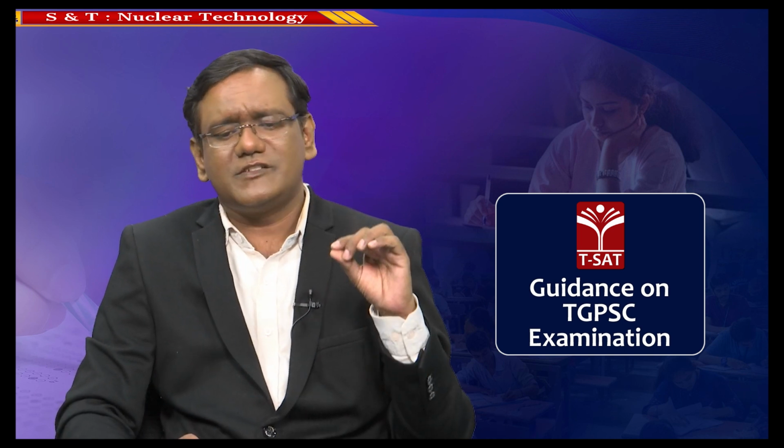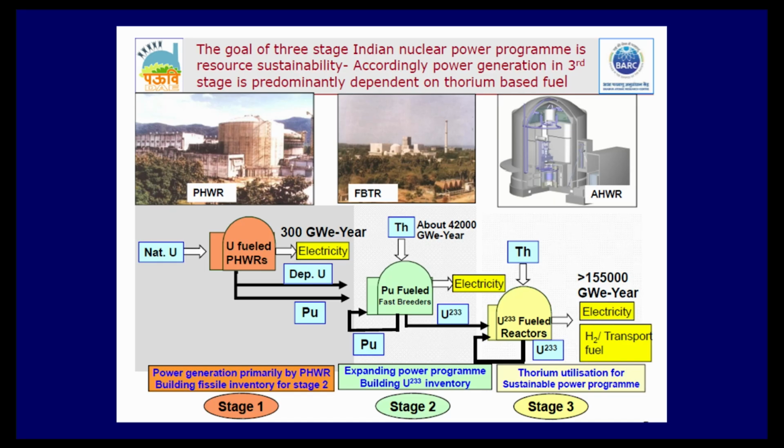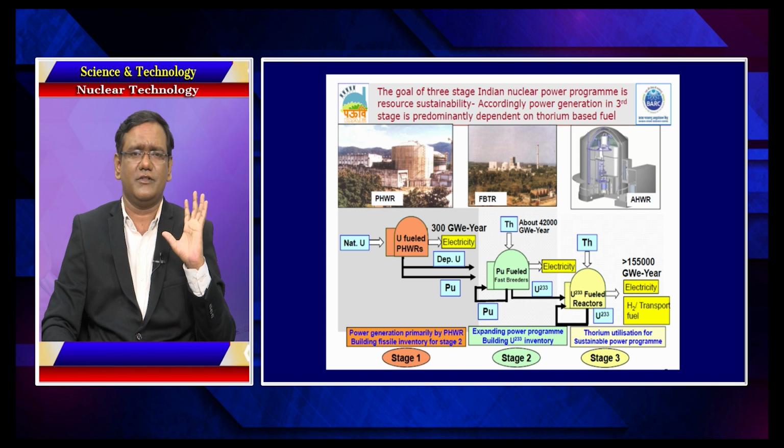The goal of this 3-stage Indian nuclear program is resource sustainability, which means the power generation in the 3rd stage is predominantly dependent on thorium-based fuel itself. The thorium is again produced in the 2nd stage itself.